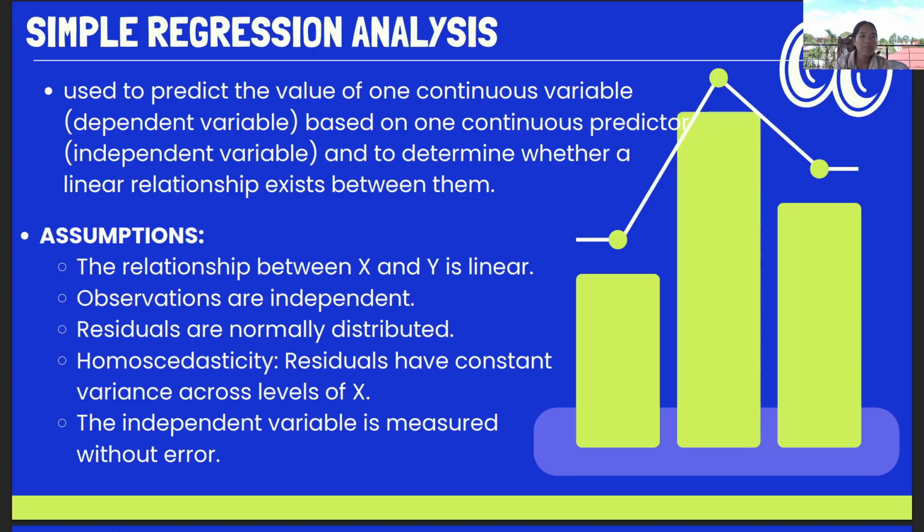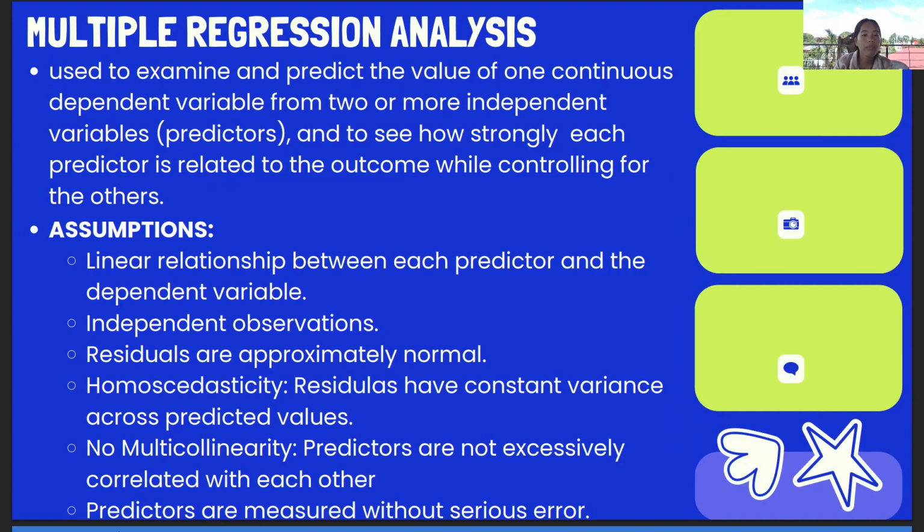In simple regression analysis, we also have assumptions. These are the relationship between x and y is linear, observations are independent, residuals are normally distributed, homoscedasticity, or residuals have constant variance across levels of x, and then the independent variable is measured without error.